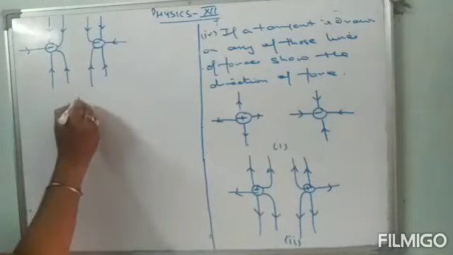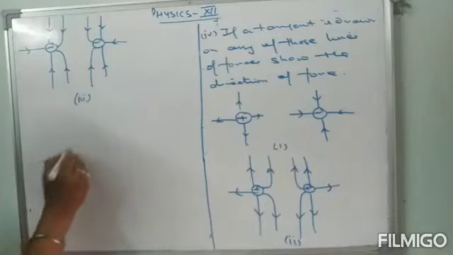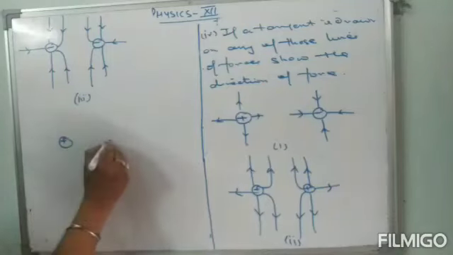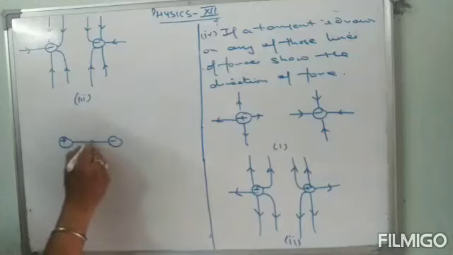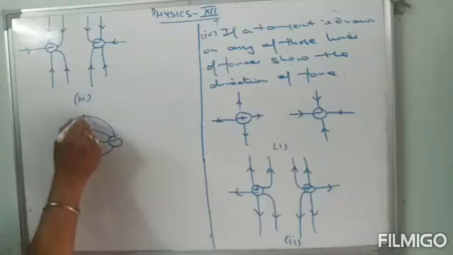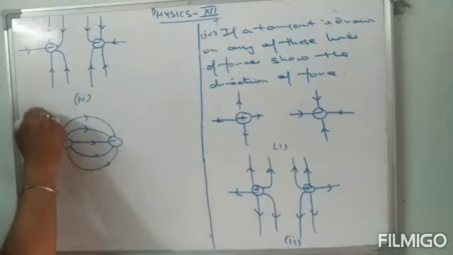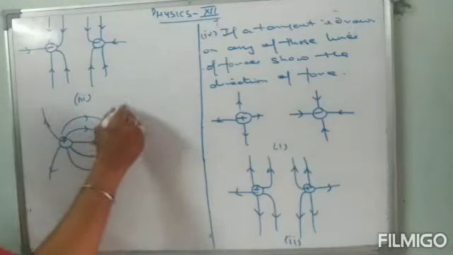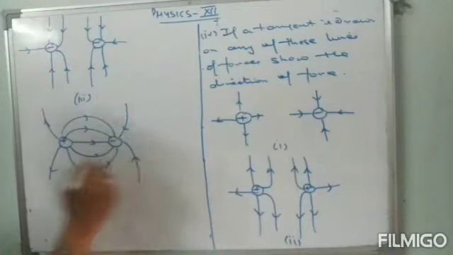If this is the third diagram, and if one is positive and another is negative, lines of force will go like this. This is the fourth diagram.